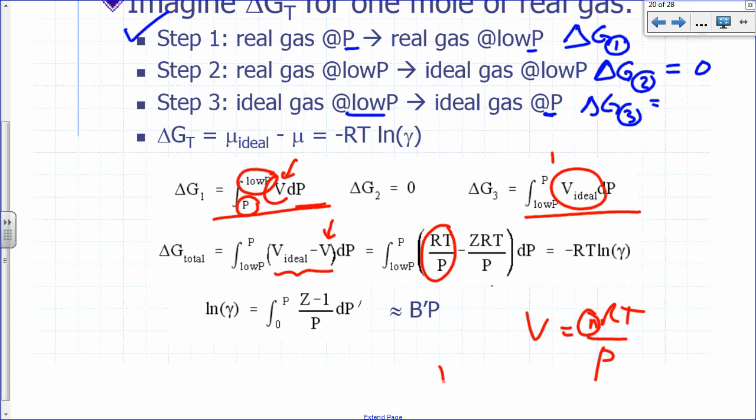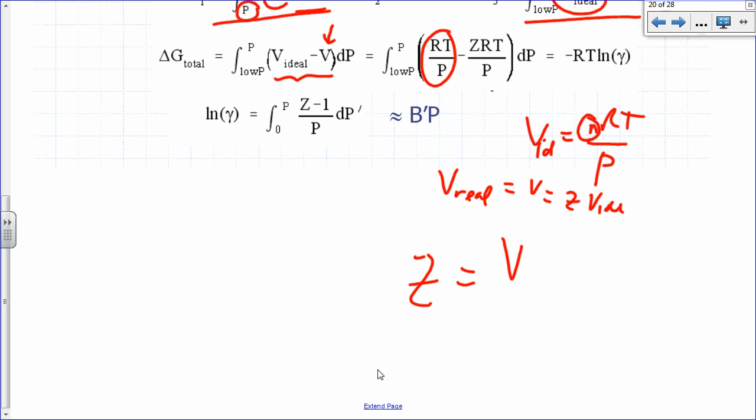And V real, which is what we call V, is just Z times V ideal. If you remember, the compression factor Z is just V over V ideal, right?